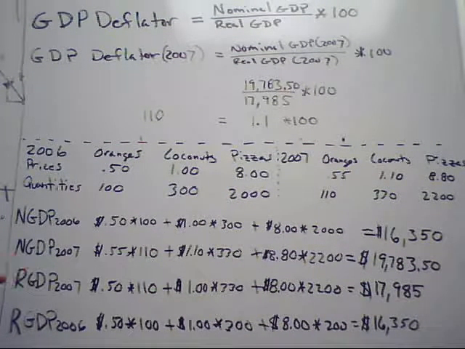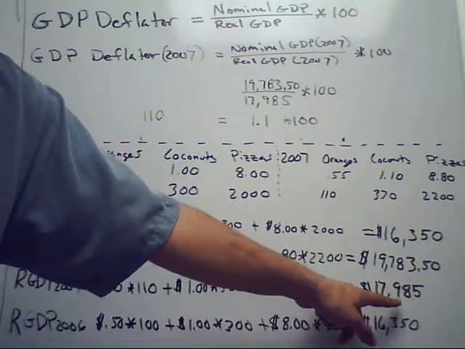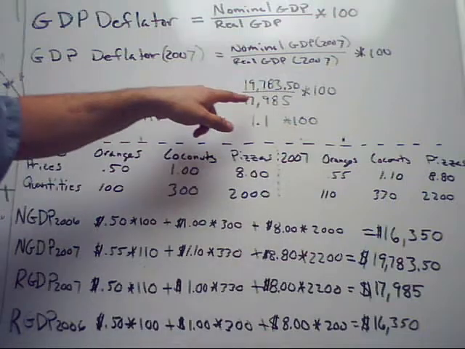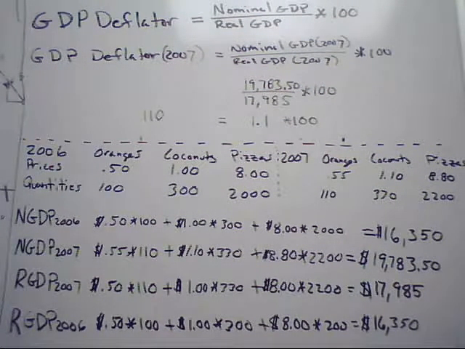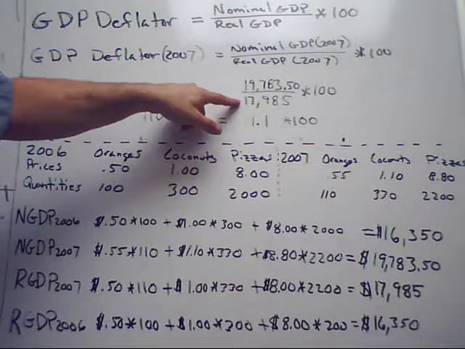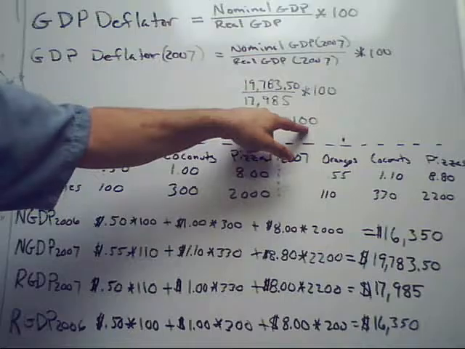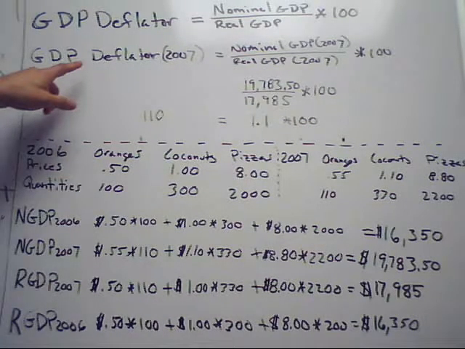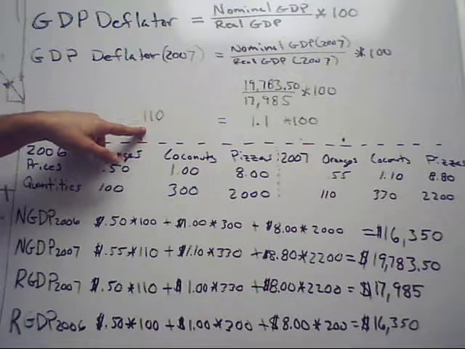Real GDP in 2007 we got 17,985. So that's going here, multiplied by 100 is going to give us our GDP deflator. Well, this divided by this gives me 1.1, and then I multiply that times 100 to get my GDP deflator in 2007 is equal to 110.